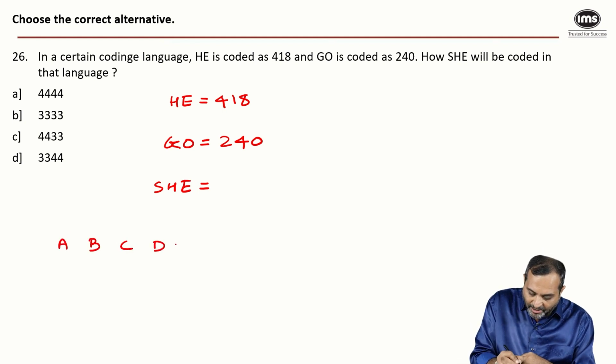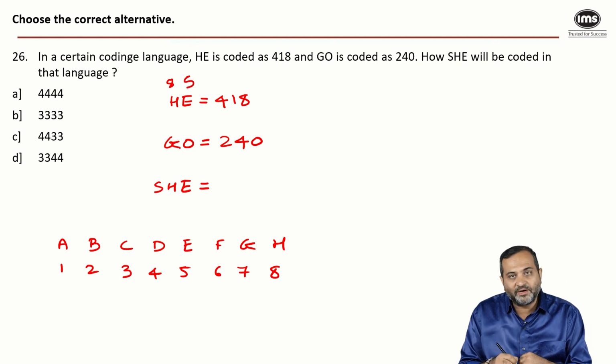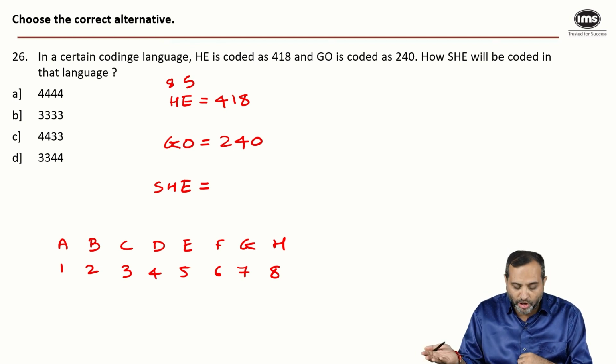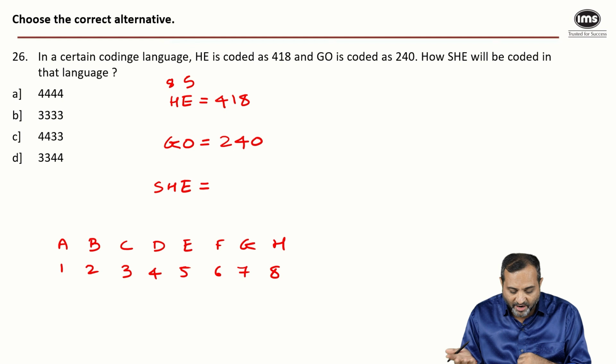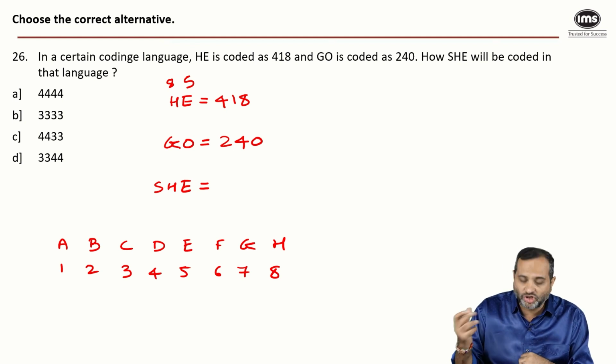So I know that H is my 8th alphabet, E is my 5th alphabet. So using 8 and 5, am I getting a 418? No. Even if you square something, 8 squared is 64, 64 into 5 or 64 into 25, I'm not going to get a 418 using that. So I have to think of some other logic.